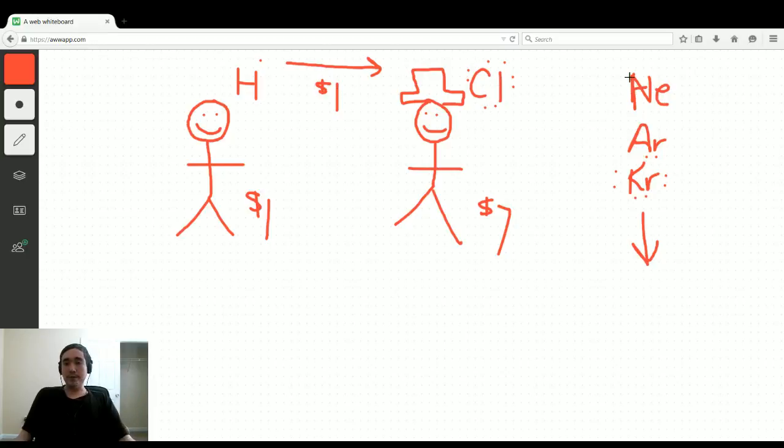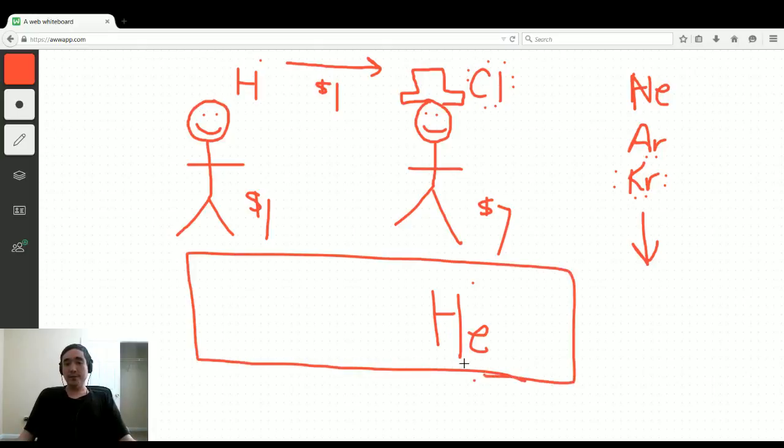You probably noticed that I stopped at neon and didn't go up one, because that one is helium. And helium is an inert gas with only 2 outer electrons. Why is this so important? Well, the rule of 8 or nothing does not apply to anything in the helium column. And there's only one other element in that column, and that's hydrogen.